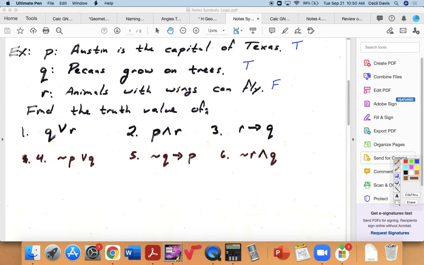Yeah. Do I really care about R then? No. This is true. I only need one of them to be true. But for Q and R, both have to be true. Correct. Which is our next example. P and R. Are both of those true? No, so this is false.